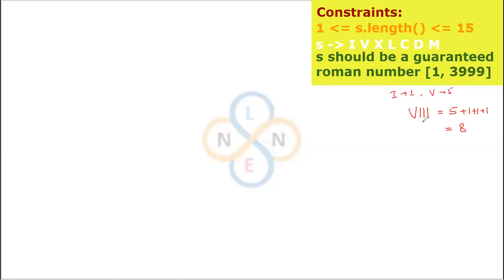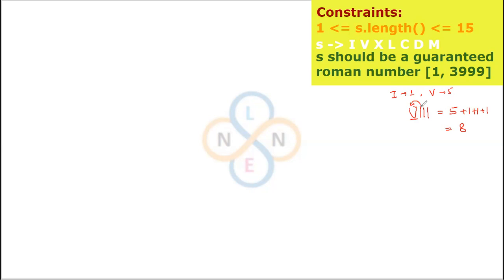If the next character, that is I, is smaller than the current one, first we consider 5 and then we add it.